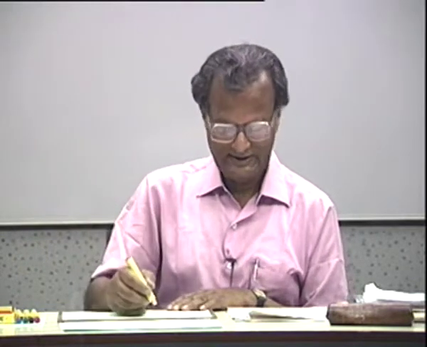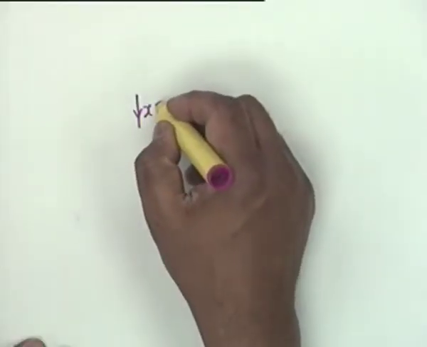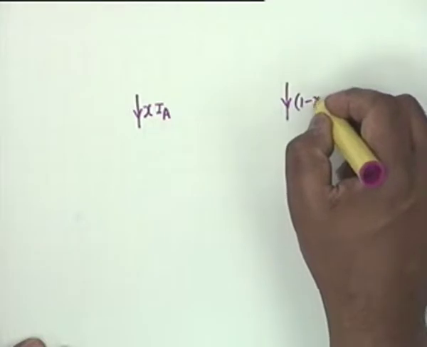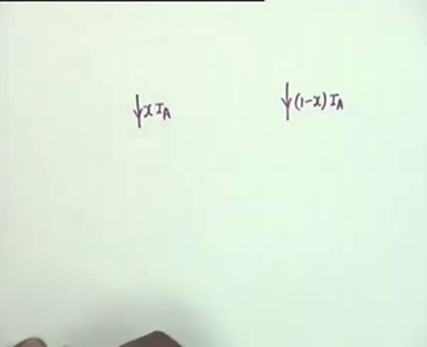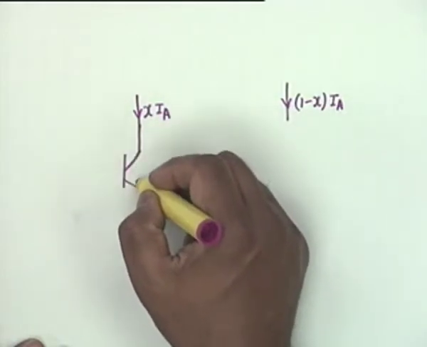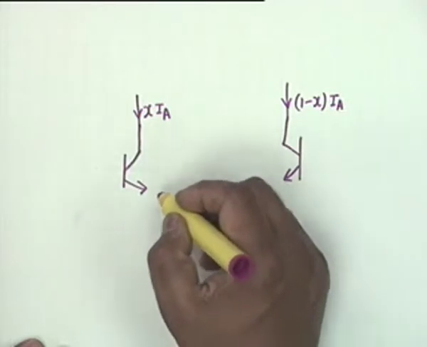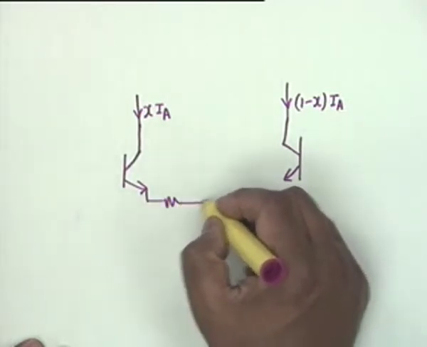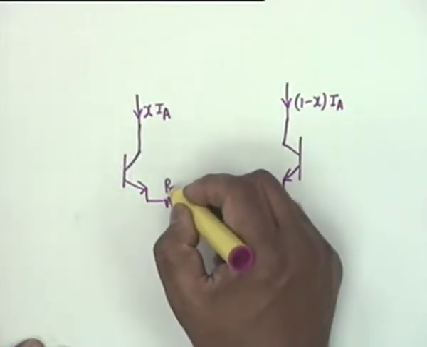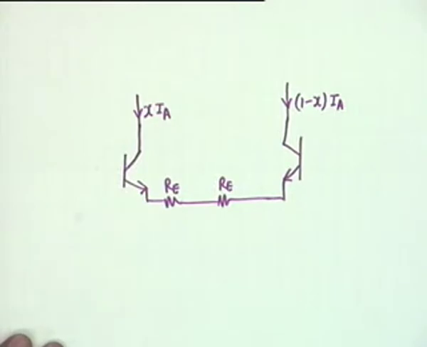The second part of the circuit is, I wanted to show you X I sub A, how it is derived, and how (1 minus X) I sub A is derived. This is taken to a differential pair, where the emitters are connected through two small resistances R sub E. Okay.